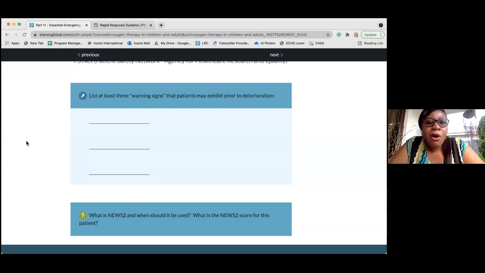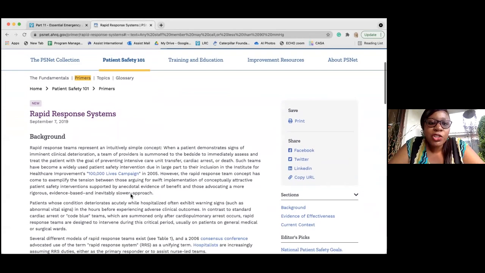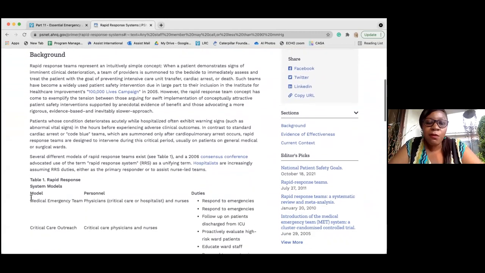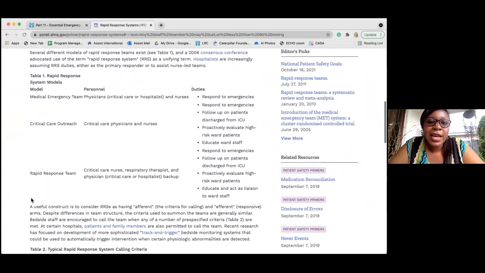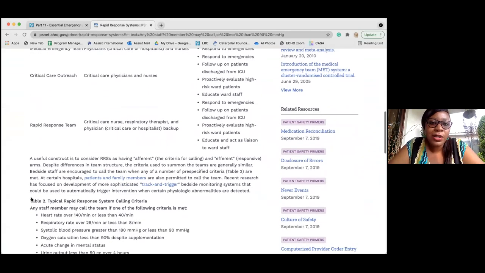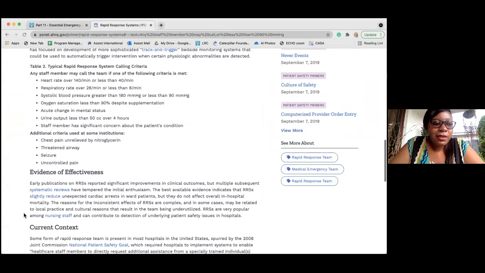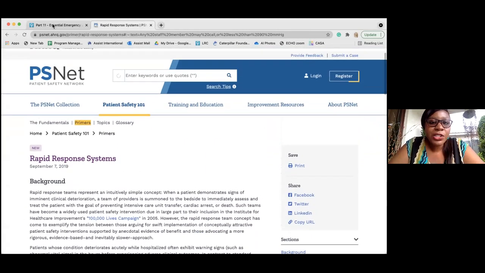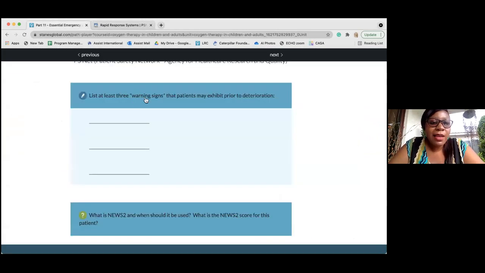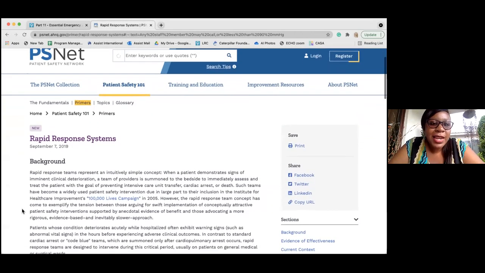Generally, if a member of staff exhibits significant concern on the general condition of the patient, that should not be ignored, but should be taken as an abnormal vital sign, which is an indication of changing condition. So if you click on the link, which Sarah has done so, you will find that there's an article on rapid response teams on the Patient Safety Network.